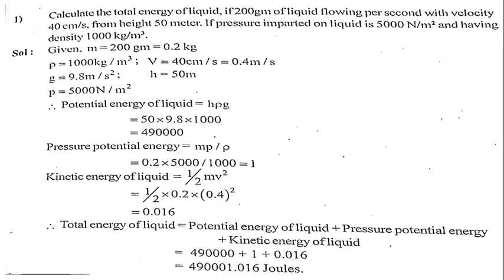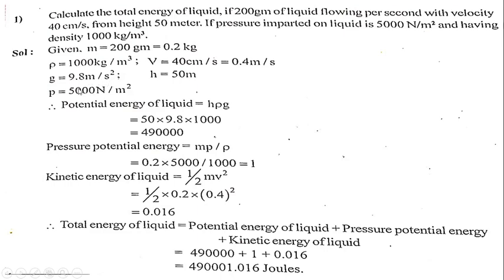Now in the example, the given quantities are m equal to 200 gram equal to 0.2 kilogram. Rho is equal to 1000 kg per m cube, that is the density of liquid, and g equal to 9.8 meter per second square.